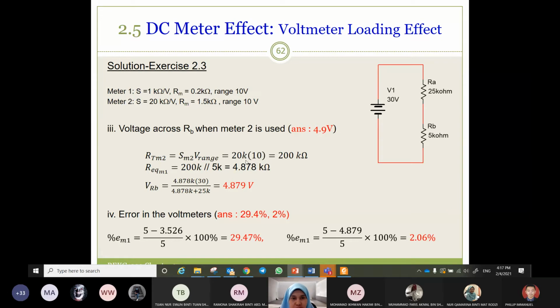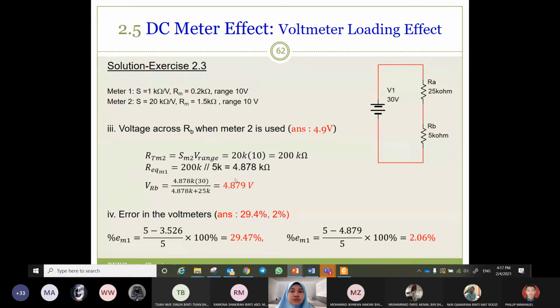S is equal to 20K multiplied with the V range of 10 volts. We get 200 kilo ohms. So the new R equivalent here will be 200K parallel with 5K. We get 4.878K. We find that this value is lower than RB because of the voltmeter loading effect.